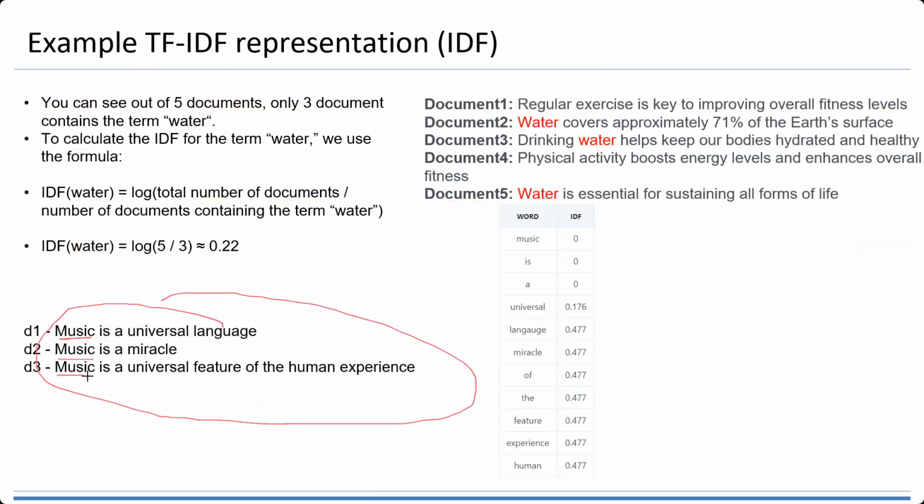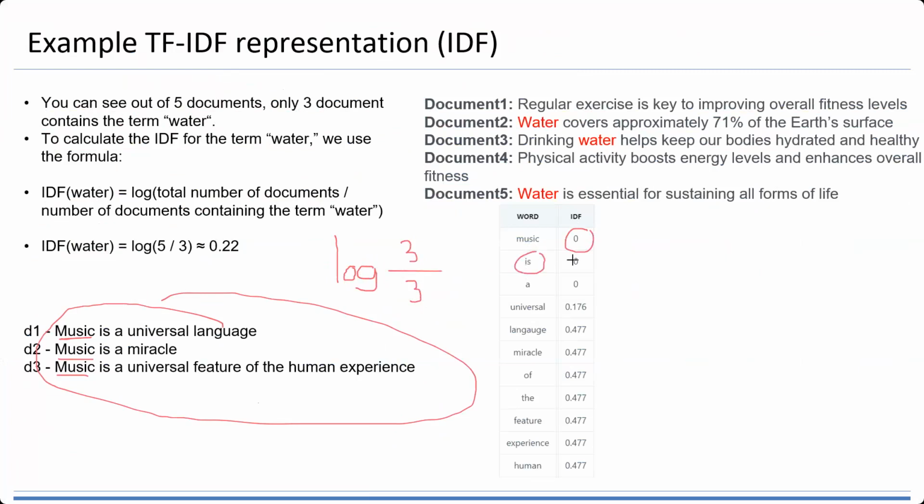We have 3. Then we can make the log function. There are 3 documents, and among the 3 documents, music appears in all documents. So 3 divided by 3, and then we use the log. So it will be 0. Log 1 is 0.